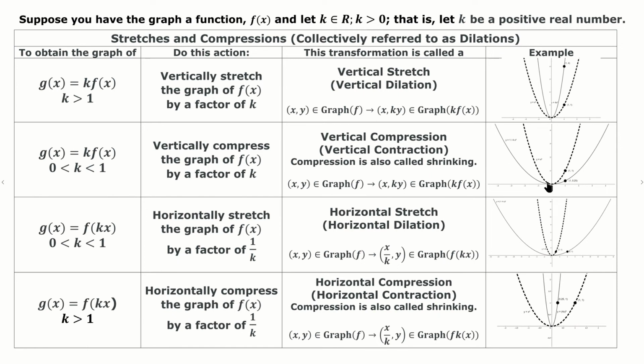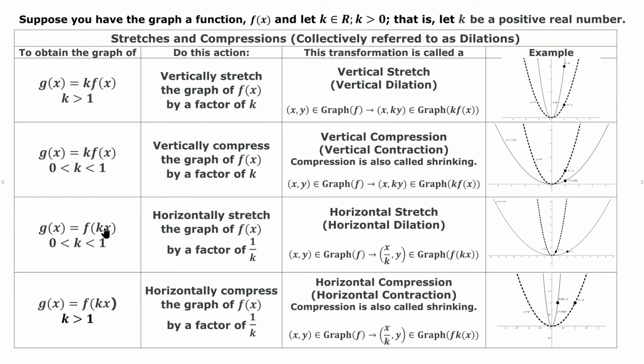Notice that that's going to result in a vertical compression, like this. But notice a vertical compression is associated with a horizontal stretch. So these kind of go hand in hand.